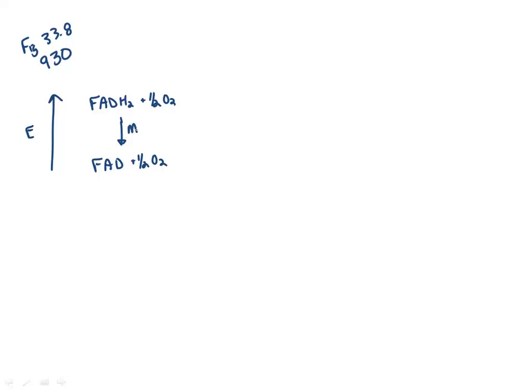So this is mitochondria. And then the energy is transferred into something useful by taking 2 ADP plus 2 inorganic phosphates and moving them to 2 ATP plus 2 H2O.